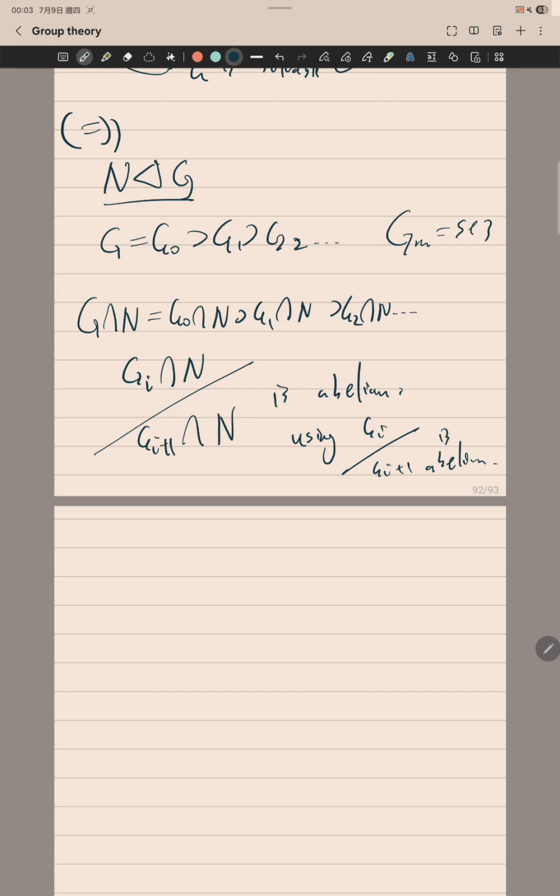This is not obviously true, right? Because it's obvious that G_{i+1} intersection N is a normal subgroup of G_i intersection N, but it's non-trivial to see that this quotient is abelian.